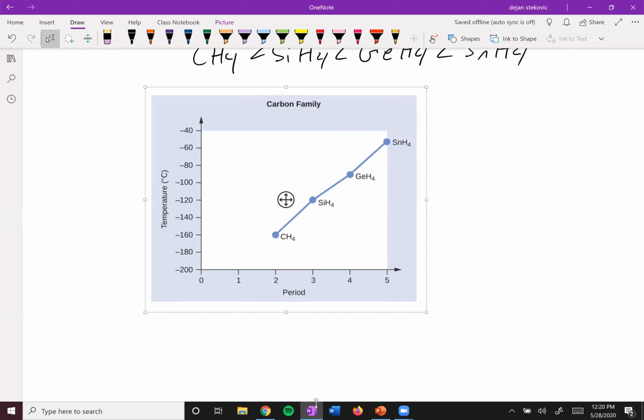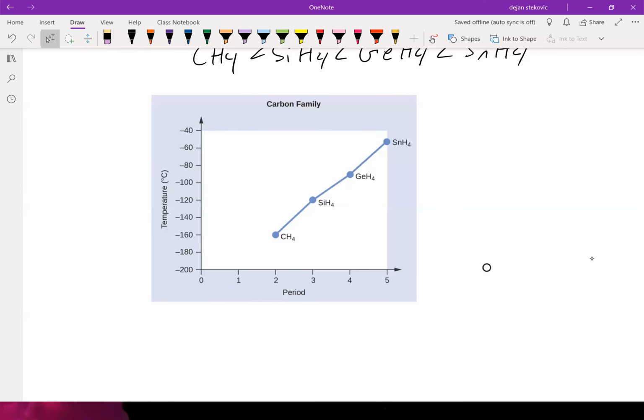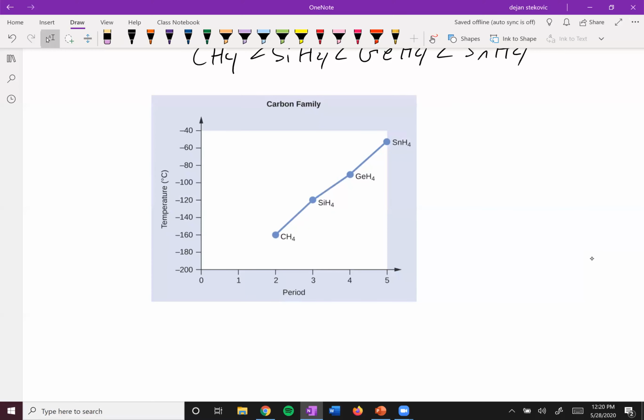You can see here in the carbon family, as we get bigger and bigger, as the period increases, our boiling point increases further and further.